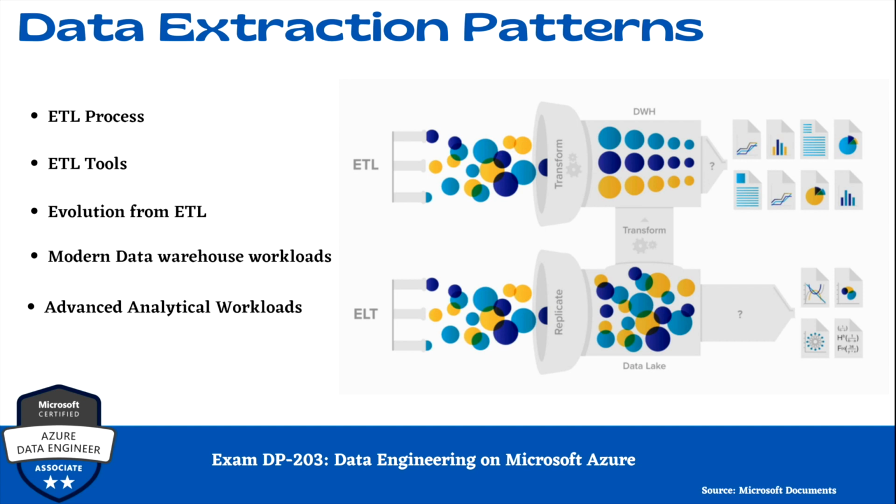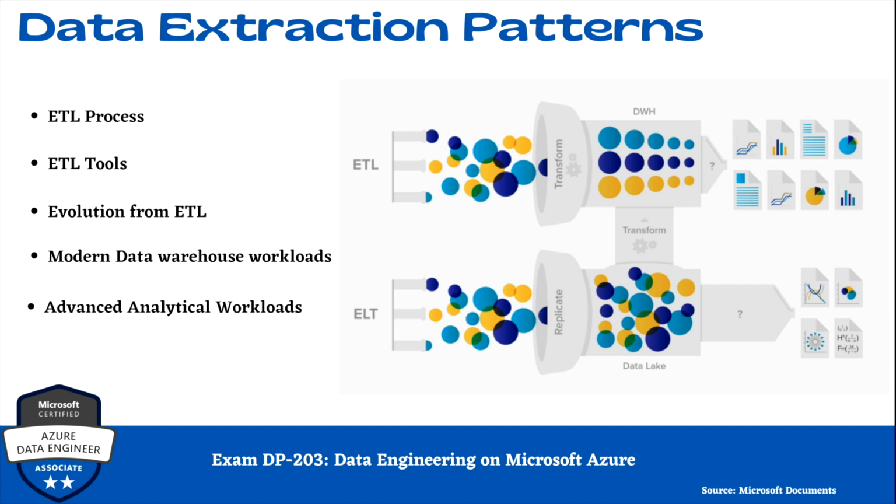Another process like ELT is called extract, load, transform and load, that is ELTL. The difference with ELTL is that it has a final load into a destination system. That simply means first you have to extract the data, load it in the native format, then transform the data, and then again load it into your final or production system.